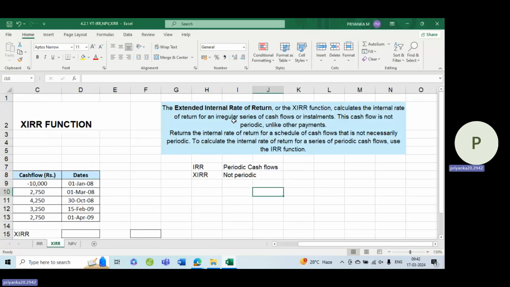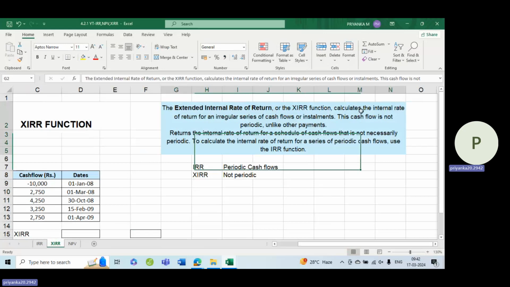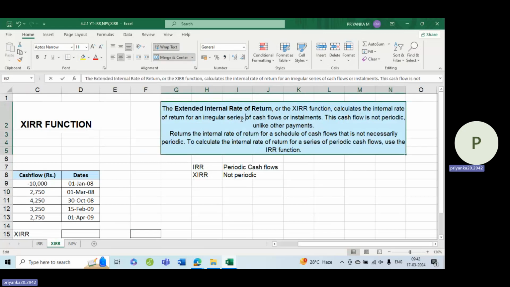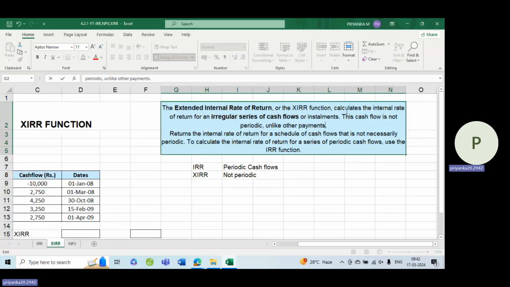Extended internal rate of return, or the XIRR function, calculates the internal rate of return for an irregular series of cash flows or installments. This cash flow is not periodic, unlike other payments. It returns the internal rate of return of a schedule of cash flows that is not necessarily periodic.